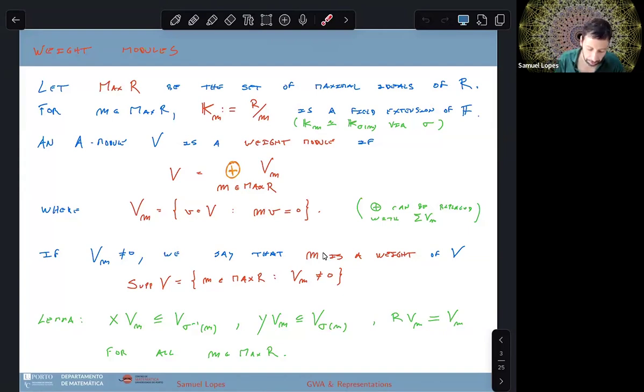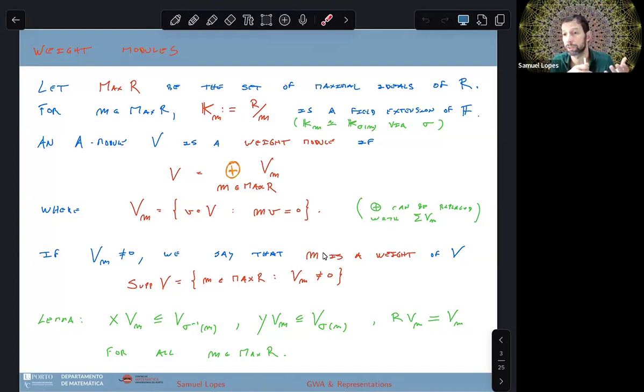So we've seen that we're interested in maximal ideals of R. The space of maximal ideals of R, I'm going to call max R. The quotient of R by the maximal ideal M, I will call K_M, just to remind you that this is a field. This is one instance where I'm using the fact that R is commutative, because this is the same thing as saying that R modulo a maximal ideal will be a field.